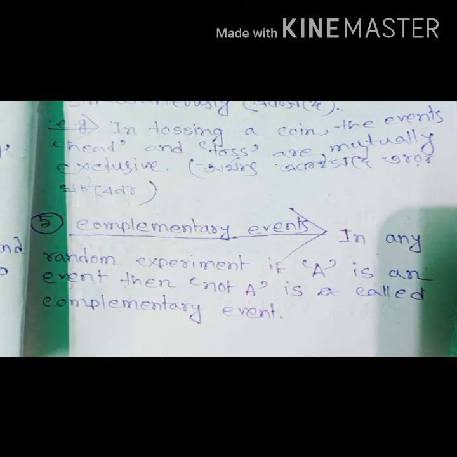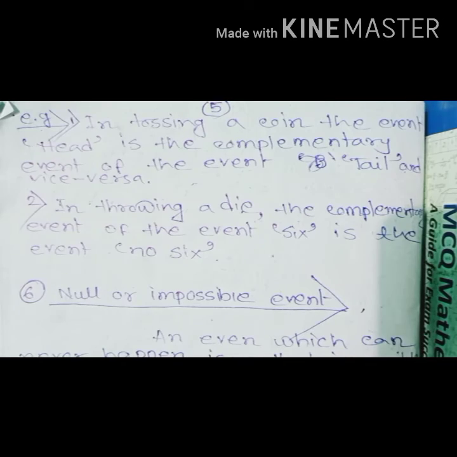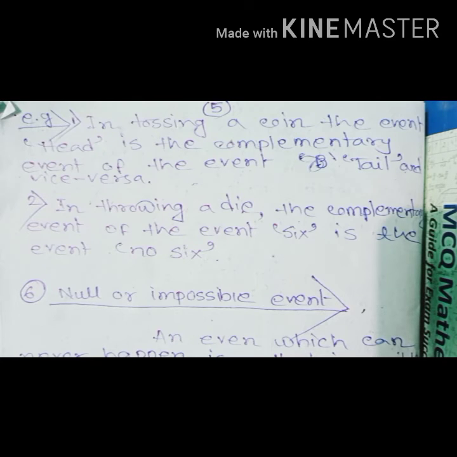When a Ludo die is thrown and 5 comes, everything other than 5 is the complement of 5. 5, no 5. When you are getting 6, no 6 are complementary events. There is another example of tossing a coin: when it is head, then you are not getting tail, so tail and head are mutually complementary events.